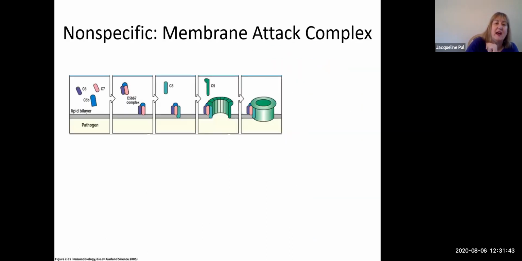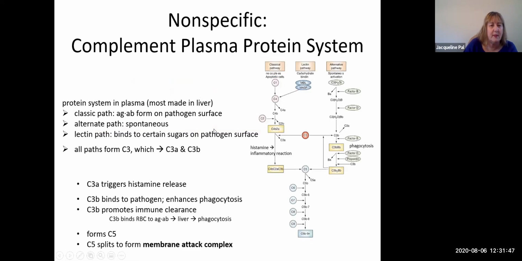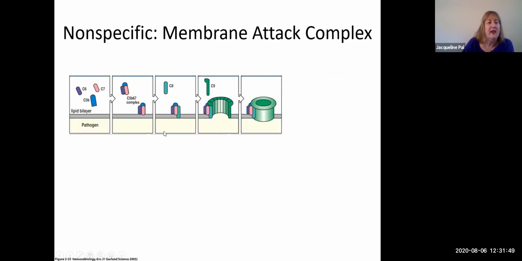So let's look and see how that does. So remember, we're still non-specific, okay? So here is the phospholipid bilayer on a pathogen, okay? C5 comes and attaches to it, and then C6 comes and C7 comes, and then we have C8 come along, which actually is able to poke in all the way transmural, and then C9 comes along.